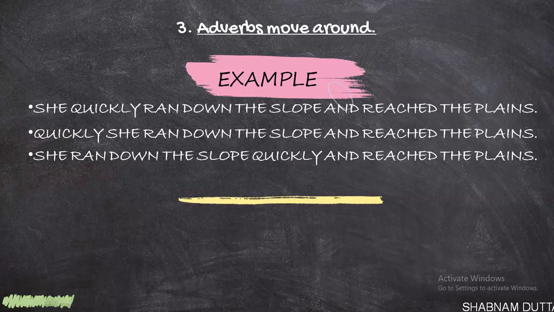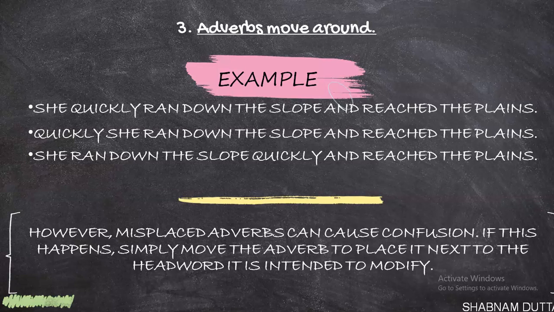And it also could be, she ran down the slope and reached the plains quickly. Right? Did you observe that no matter where the adverb has been placed, the sentence is always making sense? This is because adverbs are allowed to move quite a bit around a sentence as they modify verbs, adjectives, and other adverbs.